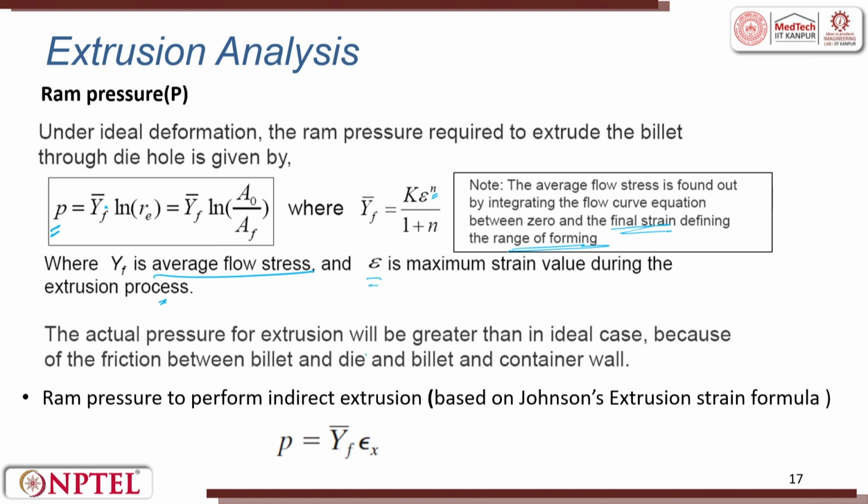The actual pressure of extrusion will be greater than the ideal, because the friction between the die and billet and the container is pretty high. So, the ram pressure to perform extrusion based upon Johnson's extrusion strain formula is defined by this.